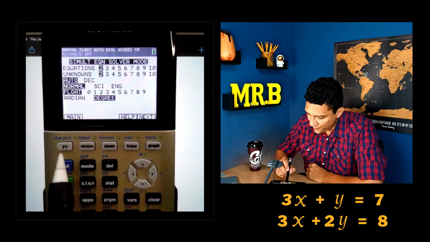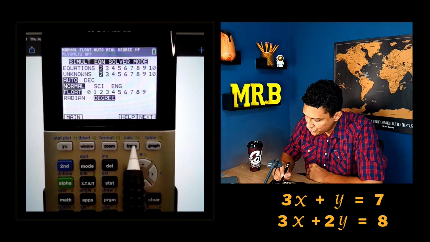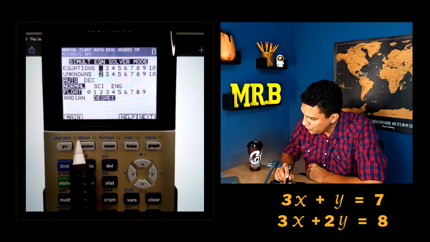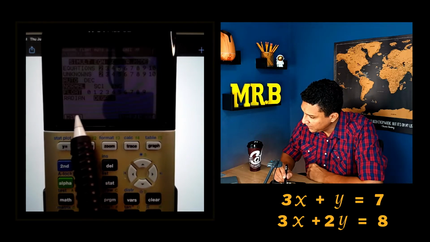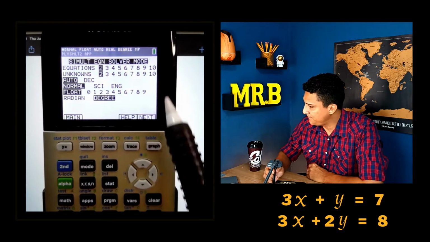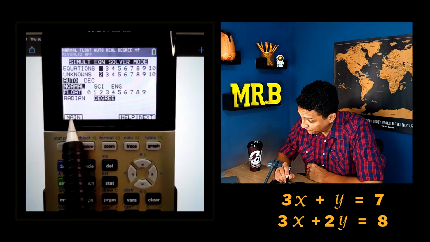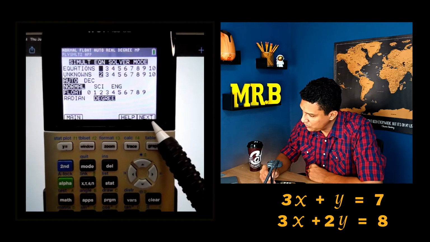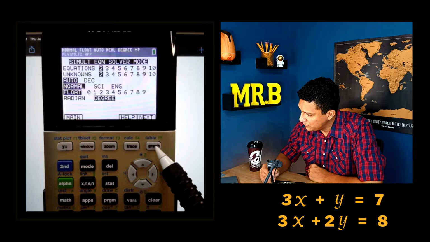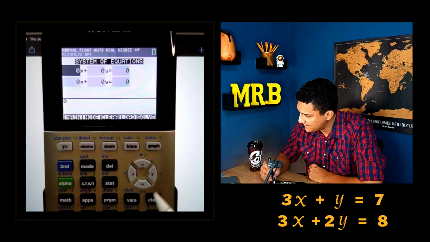How? Well, first, you need to understand that each of these keys that I have here, y equals, window, zoom, trace, and graph, all those are connected with the links or the icons that we have here. So if I want to select main, for example, I need to press y equals. If I need to press next, I need to press the button that says graph, okay? So I'm gonna press next.